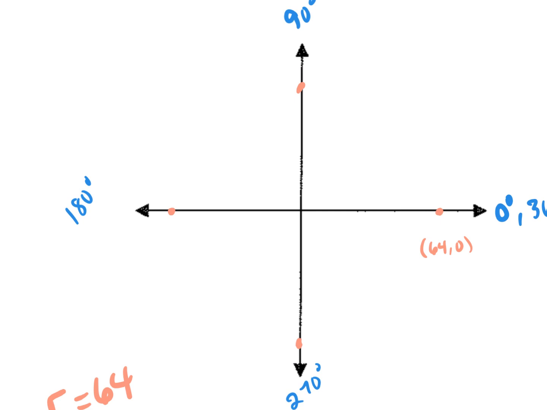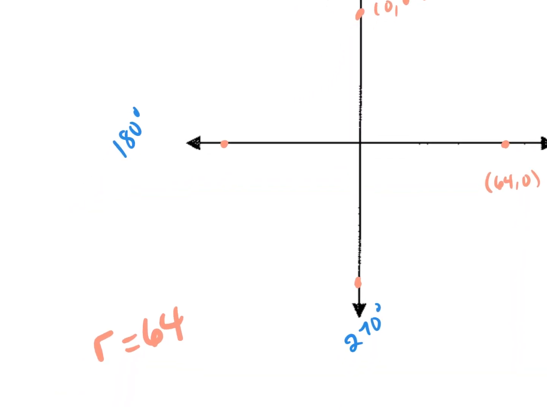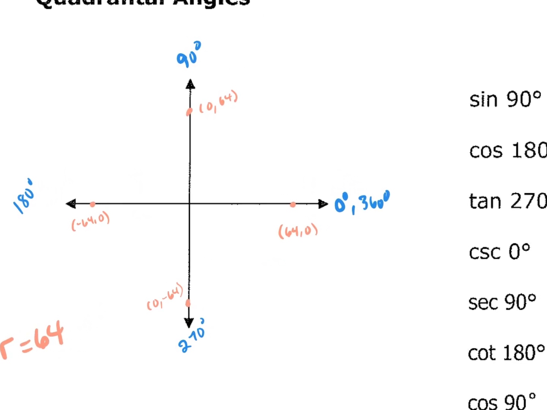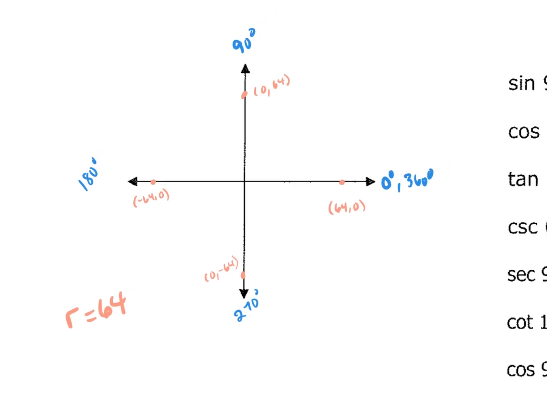And then up here, we would be at 0, 64. Over here, we're at negative 64, 0, and then down here, we're at 0, negative 64. Like I said, if you want to use your favorite number or your lucky number instead, that's totally fine. Just be consistent with whatever number you're writing in there, okay?